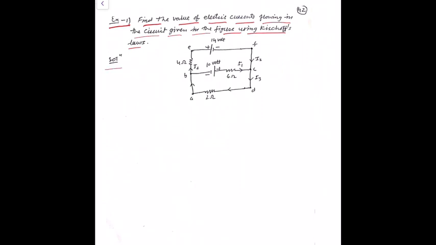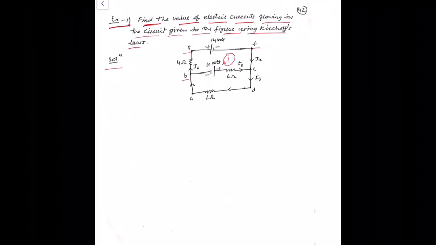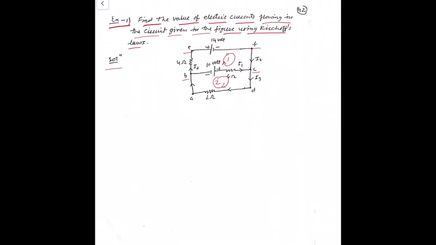Solution: In this figure, the first loop is B, E, F, C, and the second loop is B, C, D, A. So at node C, according to Kirchhoff's first law, I1 plus I2 is equal to I3.